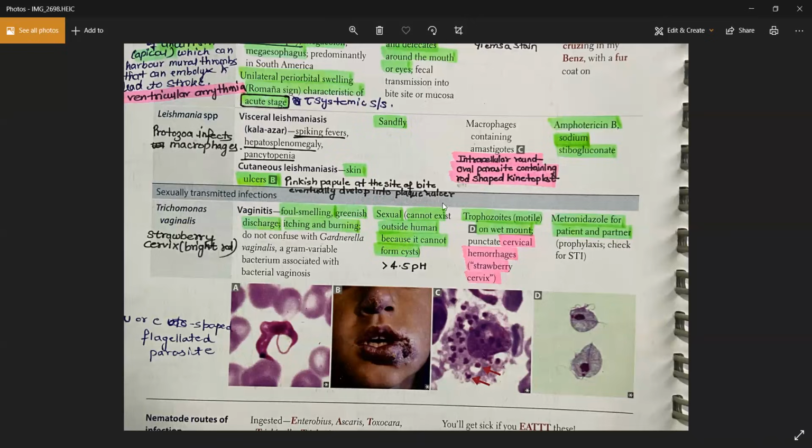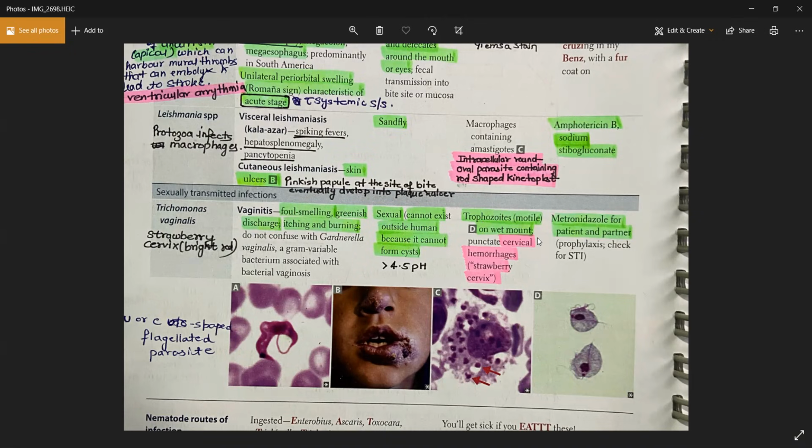What you will see are these trophozoites, which are mobile and have a shape like a coconut. Step 1 will ask you how you will identify the organisms. So you use the wet mount. Very important, you use the wet mount for it.